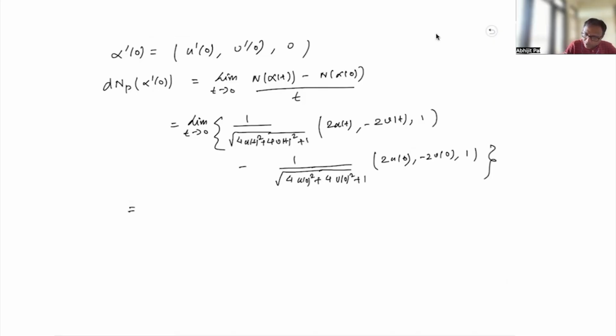And again, this will be equal to the limit as t tends to 0, where this whole thing is divided by t.